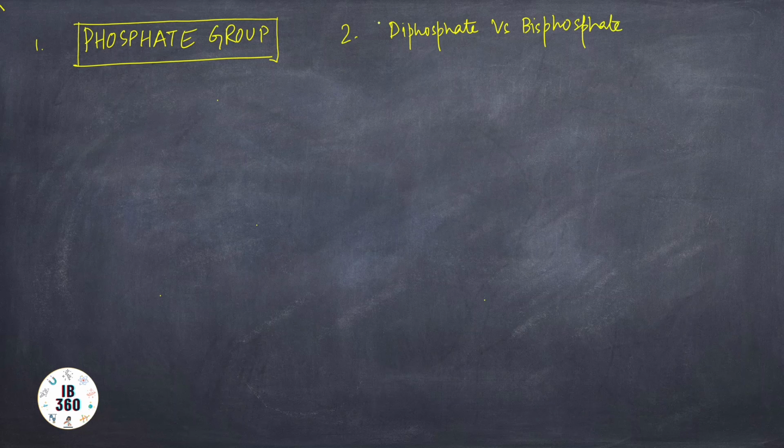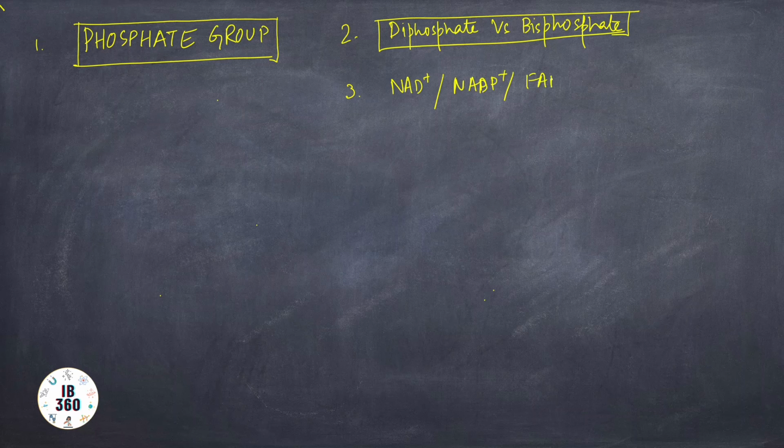We will also talk about coenzymes, which are electron carriers or hydrogen-carrying coenzymes, and their oxidized and reduced states, like NAD+, NADP+ or FAD. All these coenzymes, we will talk about them.